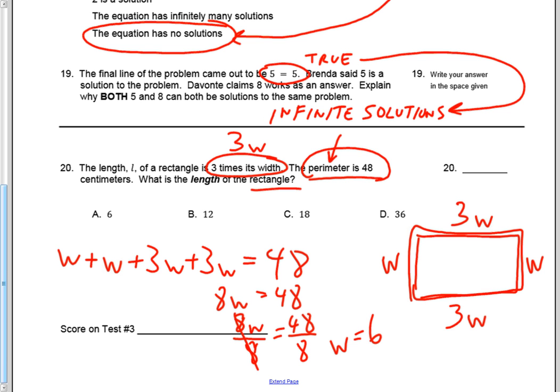We're almost there. 6 is the width, but what do we need? We need the length. This is the length. So what should I do with the 6? How does that help me find the length? Multiply by 3. I have to put that 6 in right there. 18.